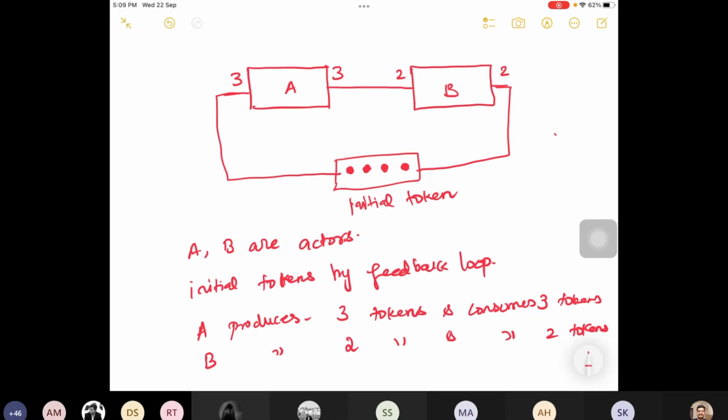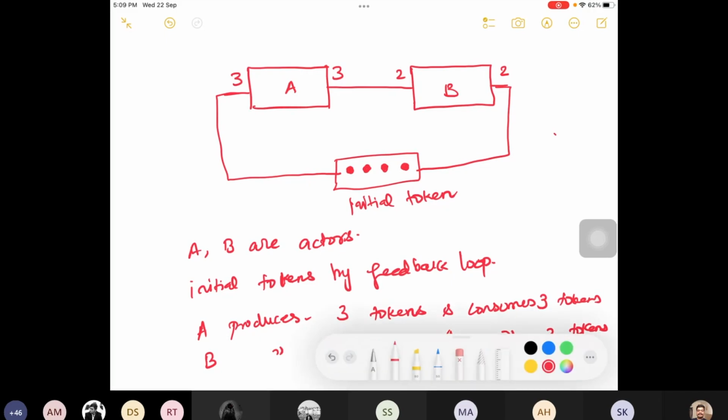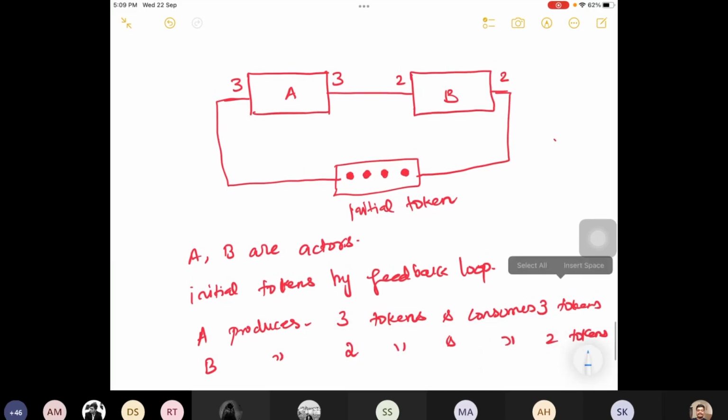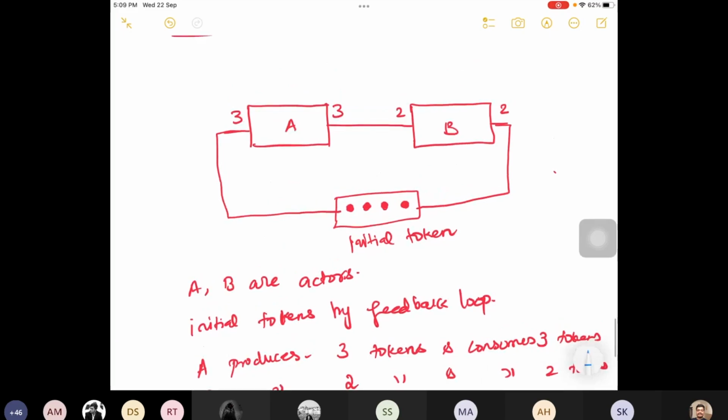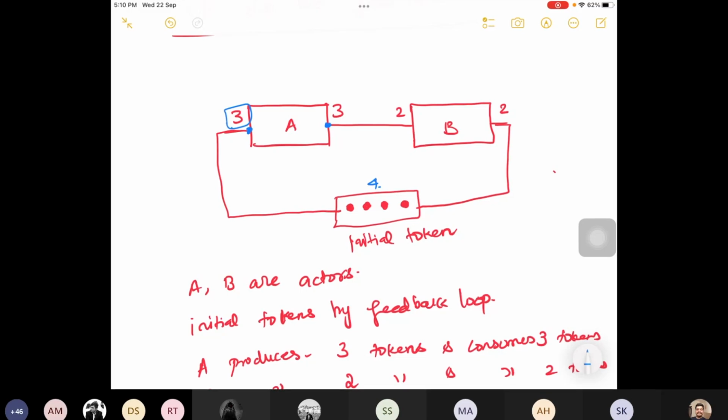Now please listen to this diagram here. A produces 3 tokens when it is fired. It needs 3 inputs before A is triggered. Already we have 4 initial tokens here. The 4 dots indicate 4 tokens, but we need only 3. So in the second case, we have only 1 token remaining.